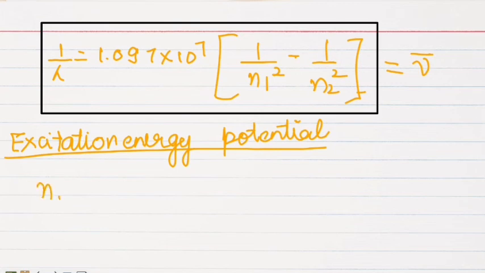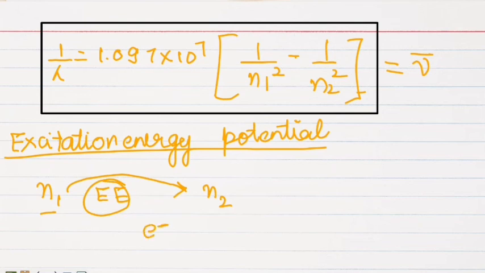Means if n1 equals 1, which is a low orbit, and we have n2, which is the higher orbit, then to take the electron from here to here, we have to give EE, means excitation energy. The potential through which the electron should be accelerated to gain the higher state is called excitation potential. Means when we are giving this excitation energy, what is the potential of the electron? So that is only this excitation potential.